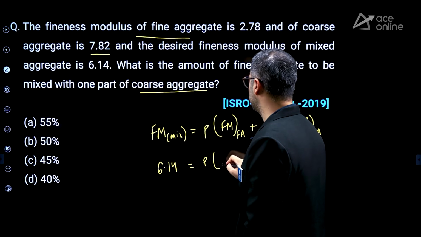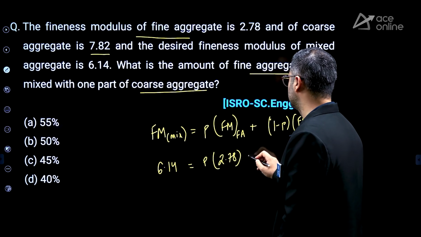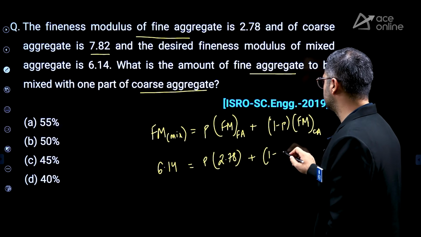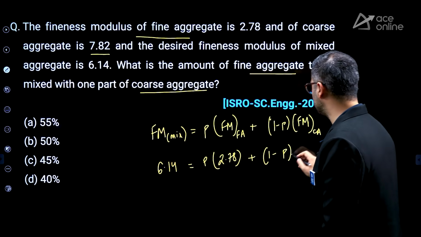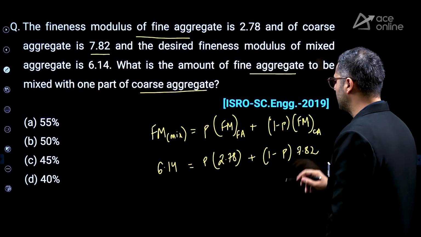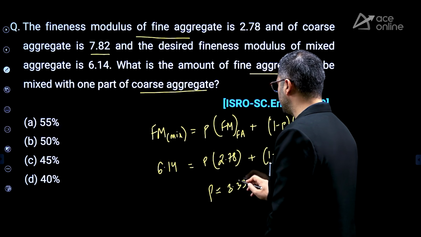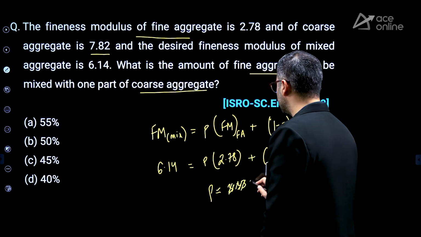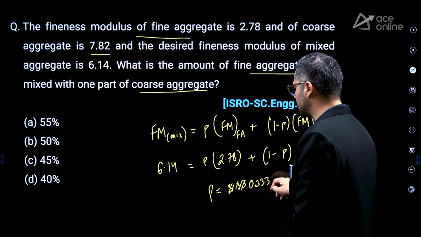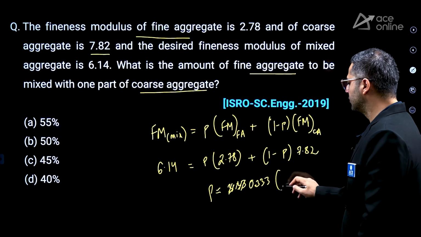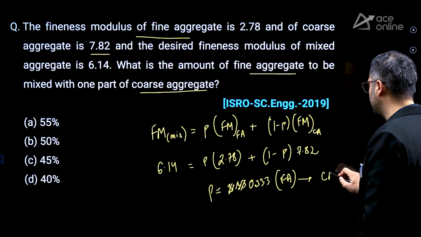Here, fineness modulus of fine aggregate is 2.78 times P, plus 1 minus P times fineness modulus of coarse aggregate, which is 7.82. Once you solve this, you'll get not 3.33, sorry, 0.33 as the value of P.